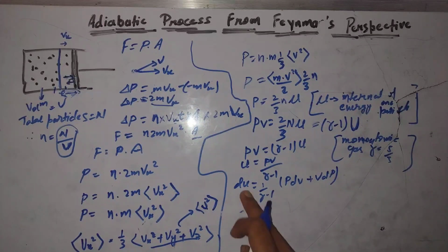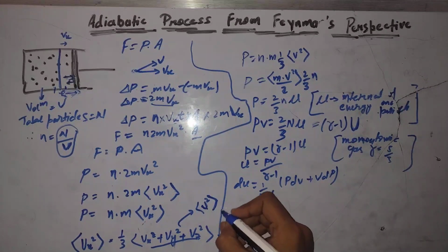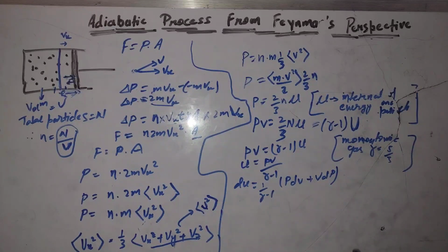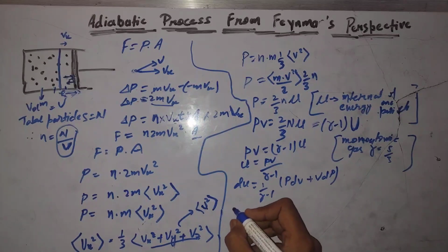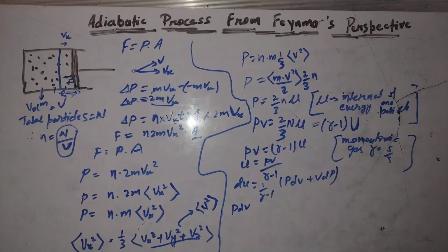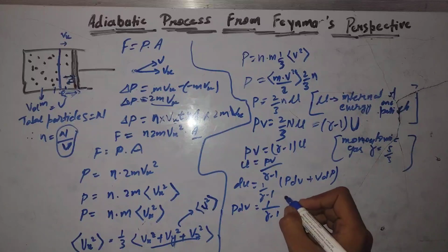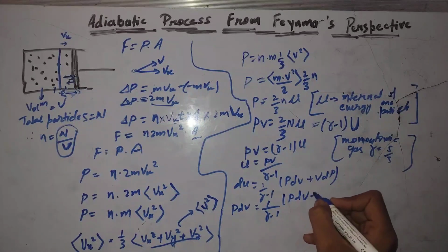And what is dU? We can write dU as work done, because we know that in adiabatic compression all the work done is transferred into internal energy. So this dU is actually the work done, and work done is PdV. So PdV equals 1 upon (gamma minus 1) into (PdV plus VdP).